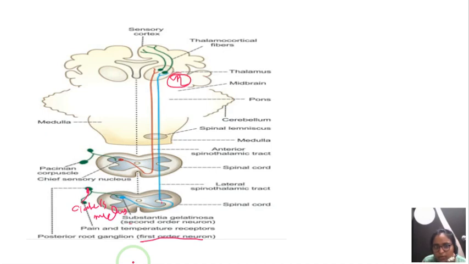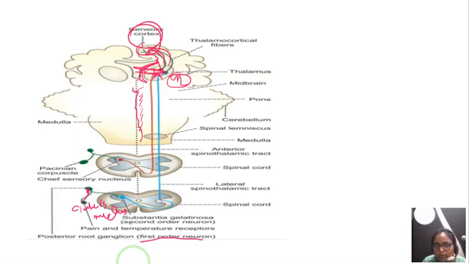After there, it sends its collaterals to your reticular formation, which is present all over the brainstem, and to your intralaminar nuclei. Then to the internal capsule, and via the posterior limb of the internal capsule it terminates at the sensory cortex.